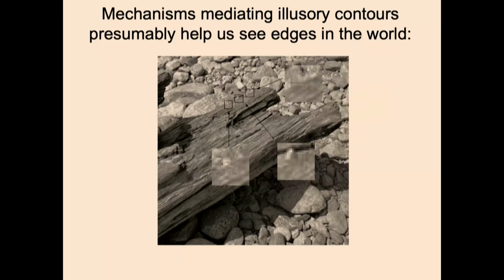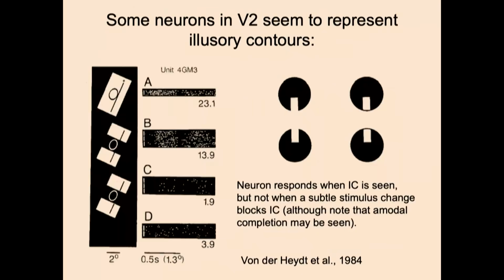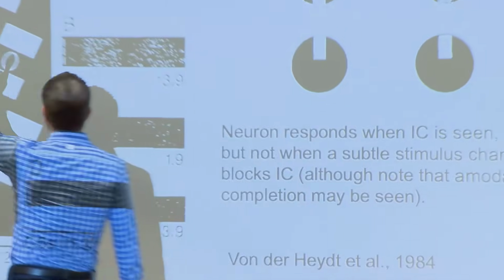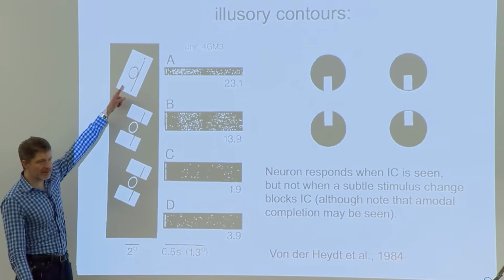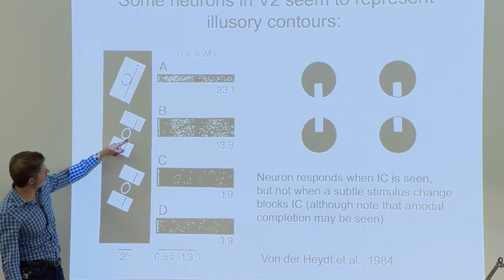Yeah, this is just a clarifying point about the paper. When it's talking about some neurons in V2 responding to illusory contours, is it responding similarly to illusory contours as it does to just a line? Well, apparently. That's what this shows, right? This is the response to just a line, and this is the illusory contour.